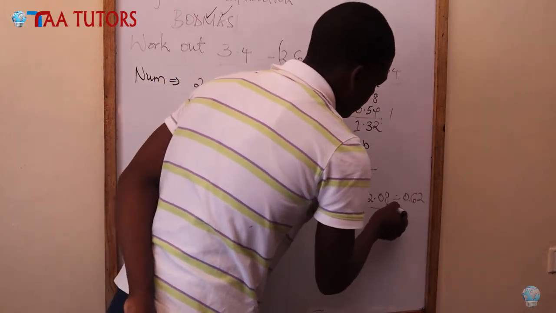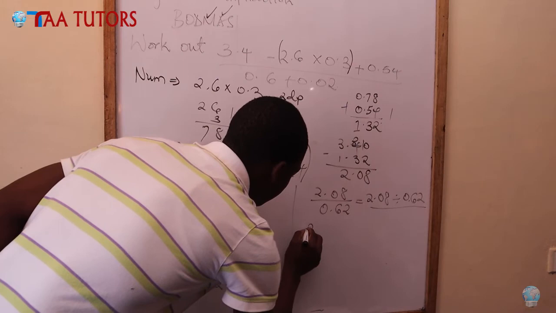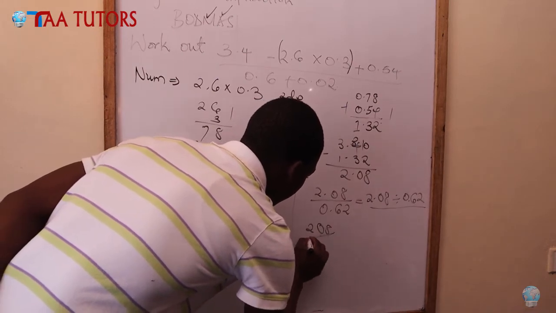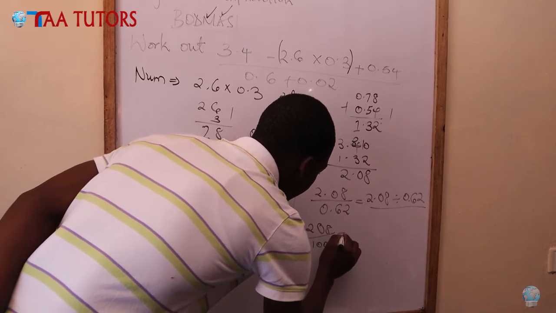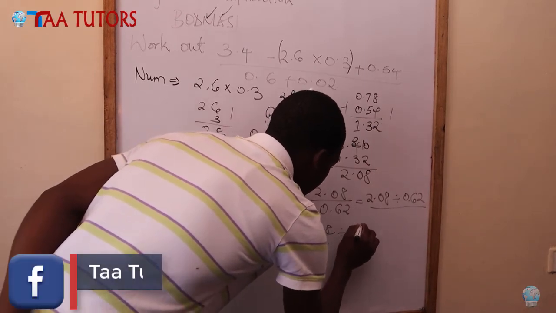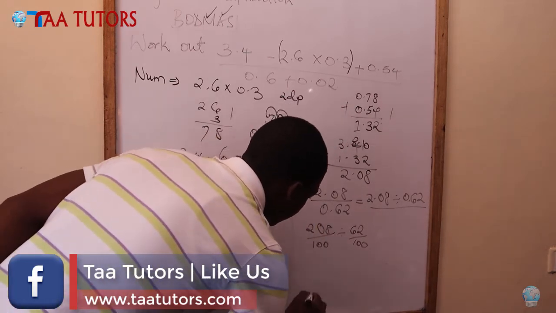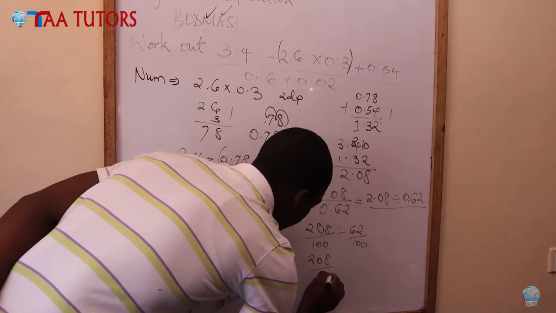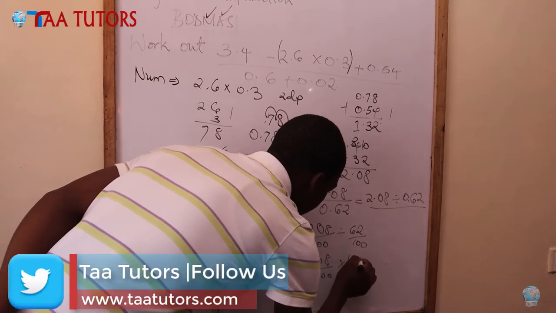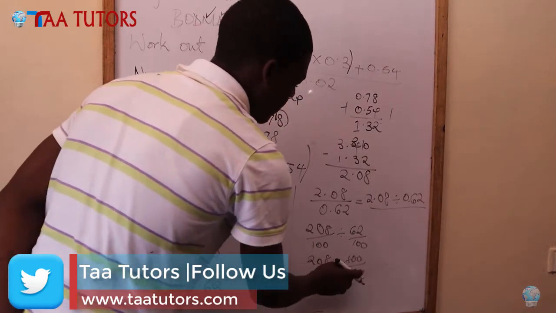So up to this point, we now go back to division, what we did. We will have 208 over 100 divided by 62 over 100 also. So that we have 208 over 100 times 100 over 62, where we are simplifying where possible.